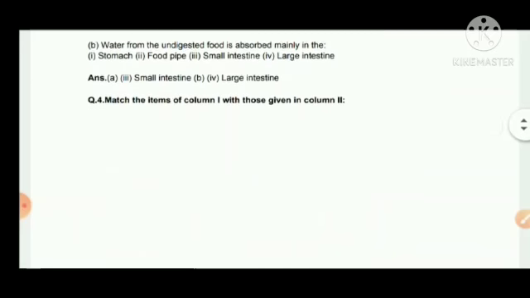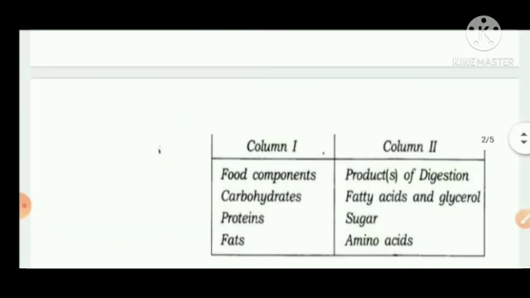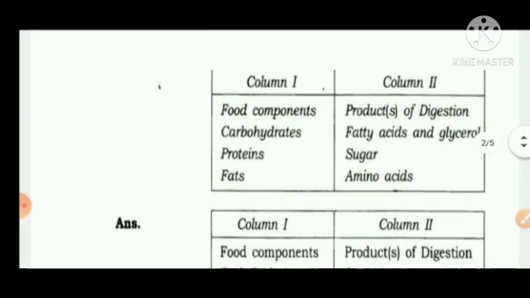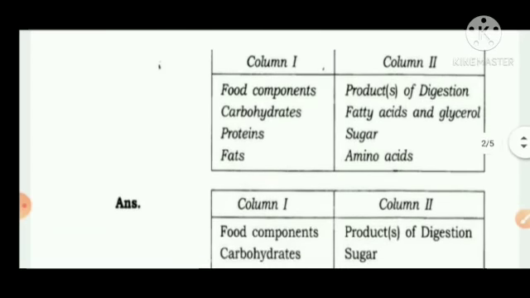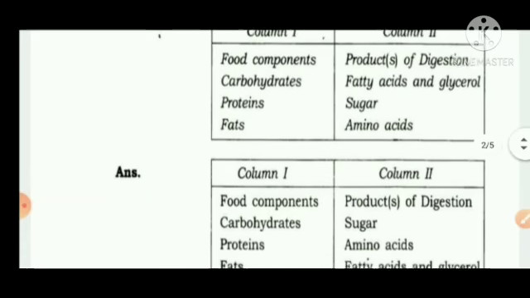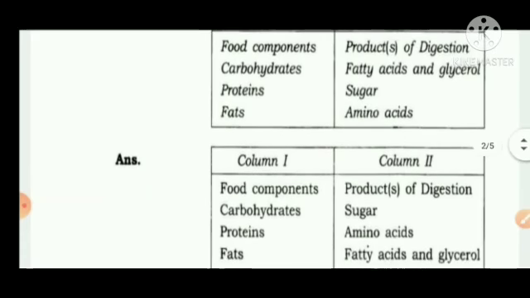In number 4, we have match the column. We have to match the items of column first with those in column second. So we have in column first food components, and in column second the product of digestion. Carbohydrate changes into sugar.